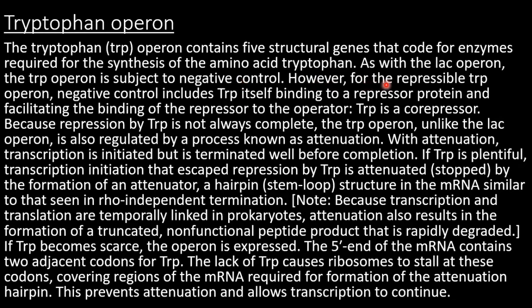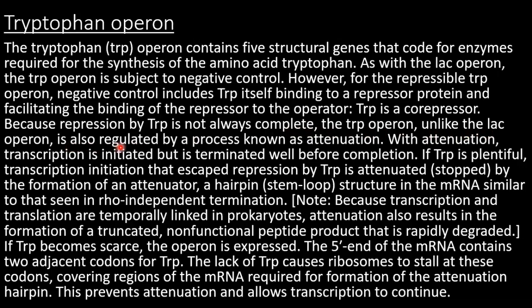However, for the repressible tryptophan operon, negative control includes tryptophan itself binding to the repressor protein and facilitating the binding of the repressor to the operator. So tryptophan in this case is a co-repressor, not an inducer, as in the case of allolactose, which is an isomer of lactose.